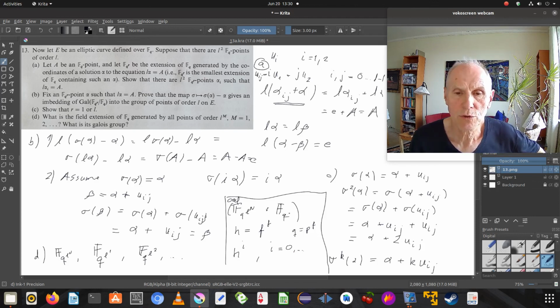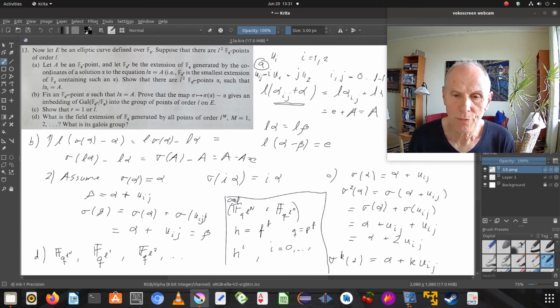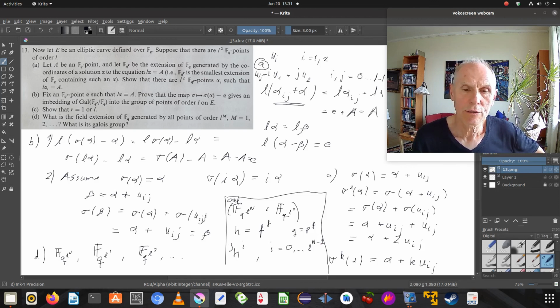This is L to naught, so it's L to the nth minus 1. So I believe this is the Galois group. Oh, that was the first chapter.